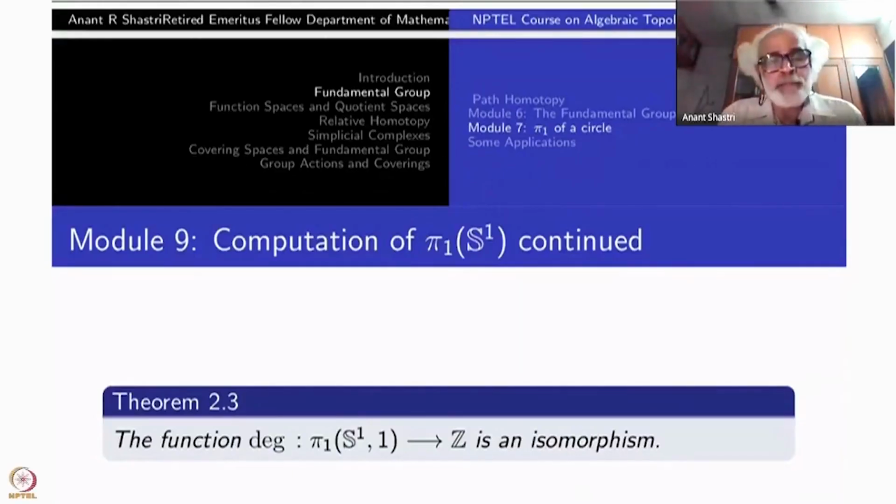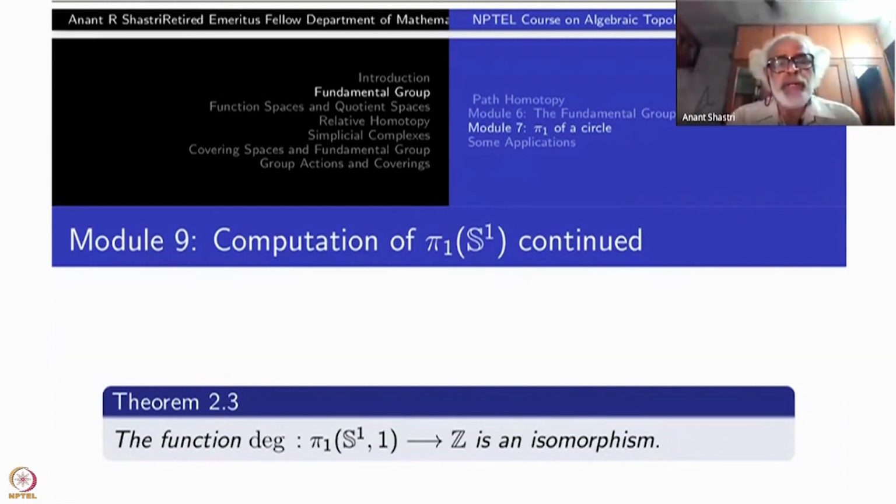Last time we defined a function from pi1 of S1 to the set of integers, taking a path and its class, that's an element of pi1 of S1.